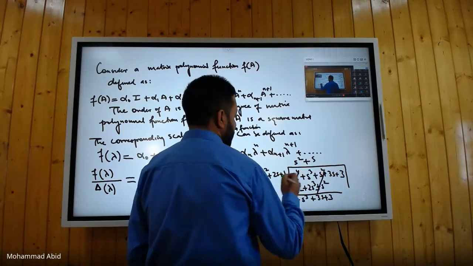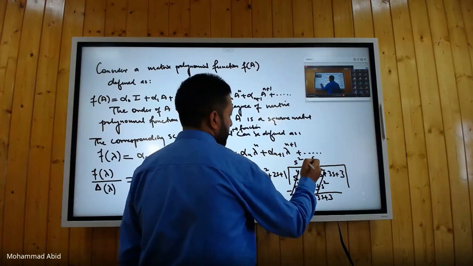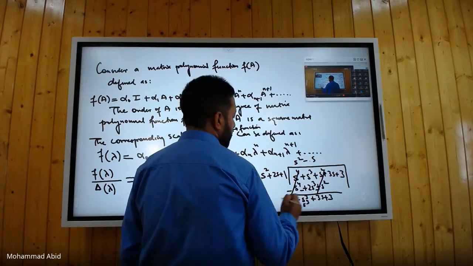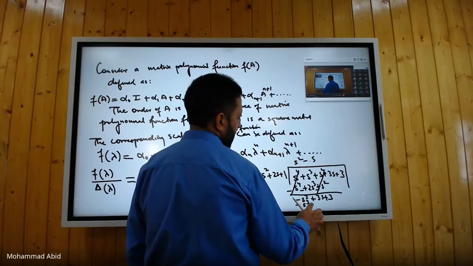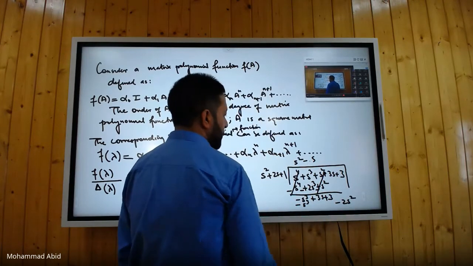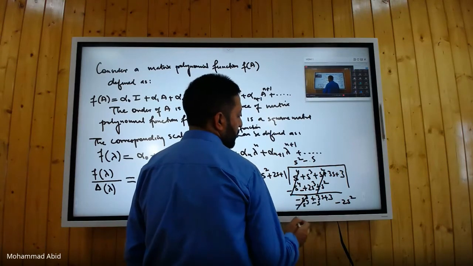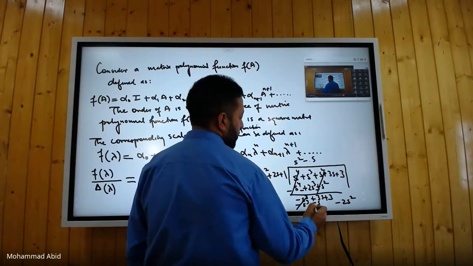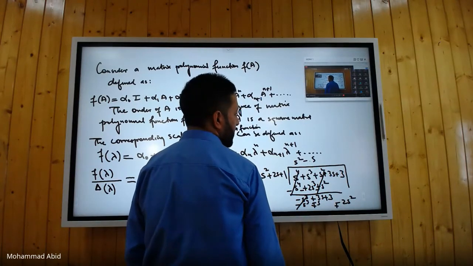So minus s, I get minus s cube, then minus 2s square, and then minus s. So this and this goes. So this is plus, this is plus. So I get 4s plus 2s square plus 3.